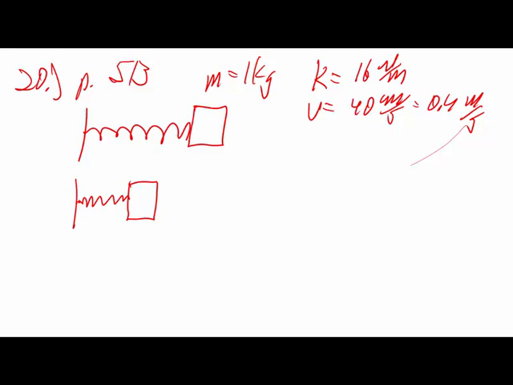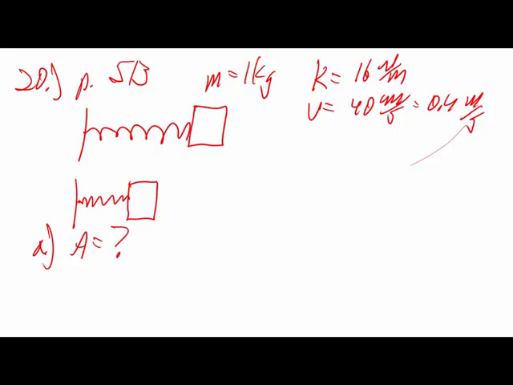First of all, what is the amplitude of the subsequent oscillation? So for A, we want to find what the amplitude is, okay? How in the world are we going to find that? Well, in actuality, this is a conservation of mechanical energy problem.